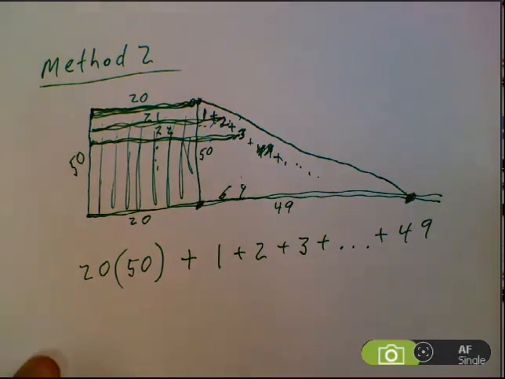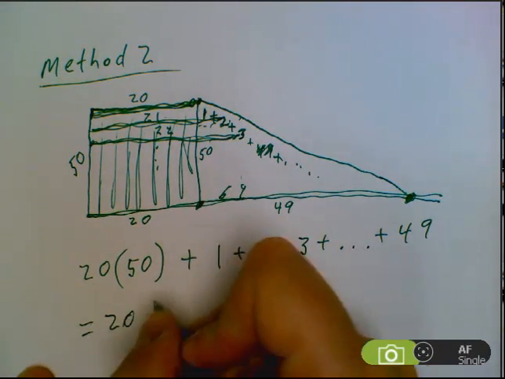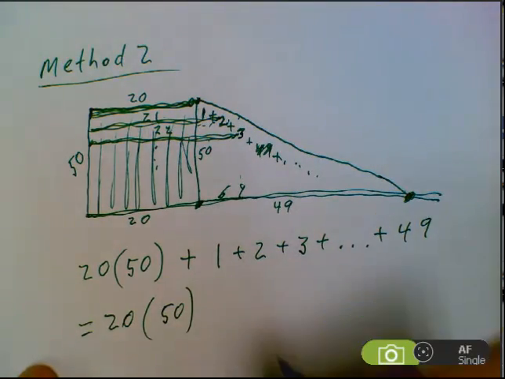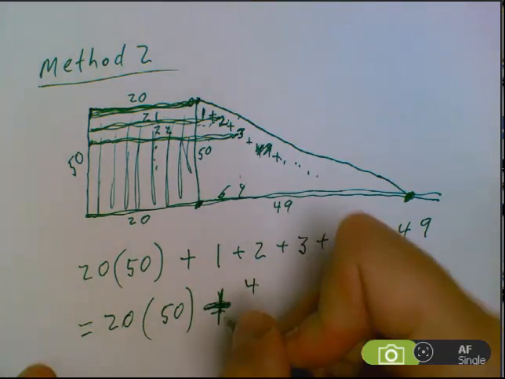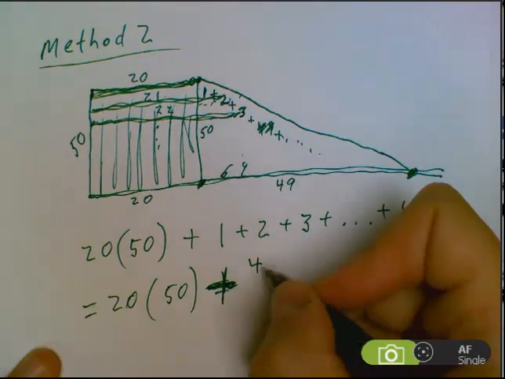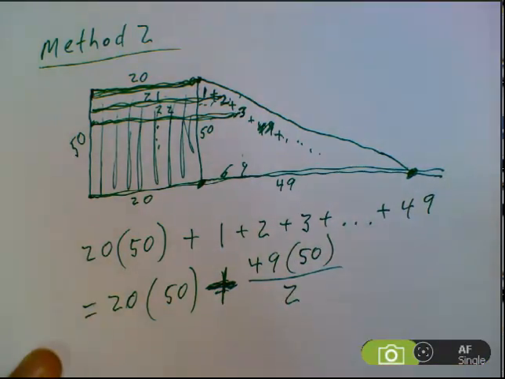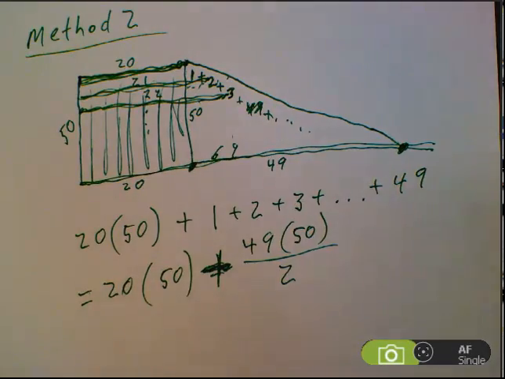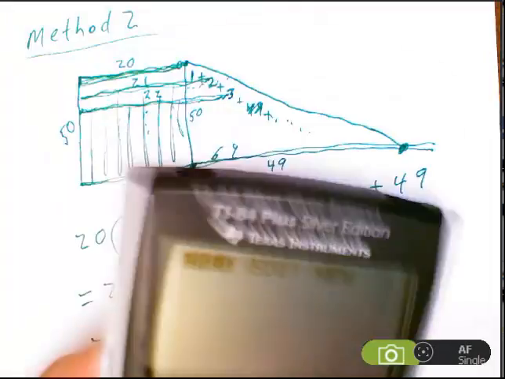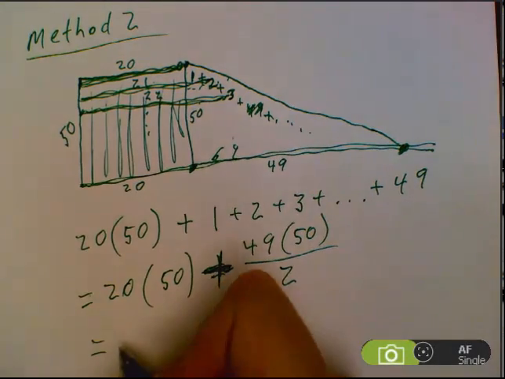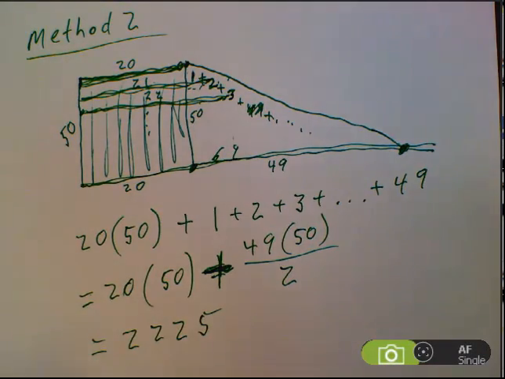We could do that in our calculator, but we know a shortcut way to add up numbers, so this is 20 times 50 plus 49 times 50 divided by 2. That's from our summation formula. Put this in our calculator, and we get 2,225. We get the same answer. Yay! Of course we'd get the same answer.